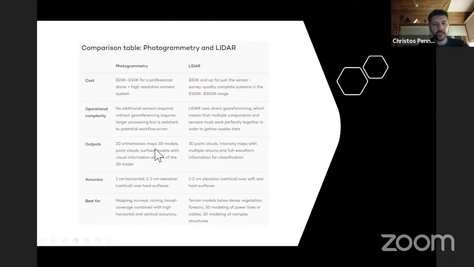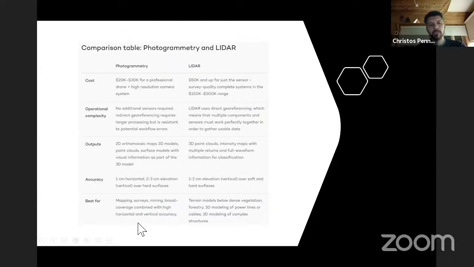The outputs are more or less going to be the same, although with LiDAR we can have intensity maps that will help us define the vegetation and the bare land, the low vegetation and the high vegetation, etc. The accuracy for both methods is more or less the same, with higher accuracy on the elevation for the LiDAR data.